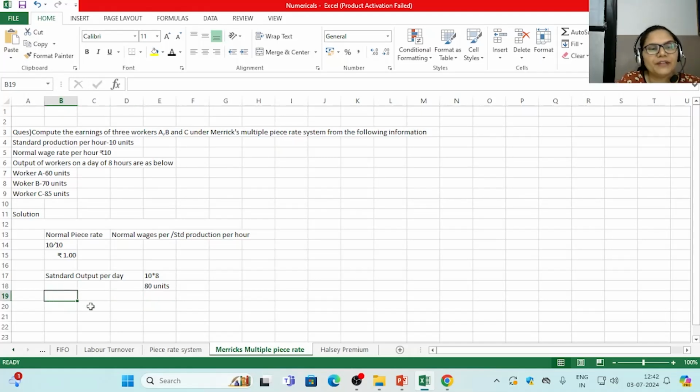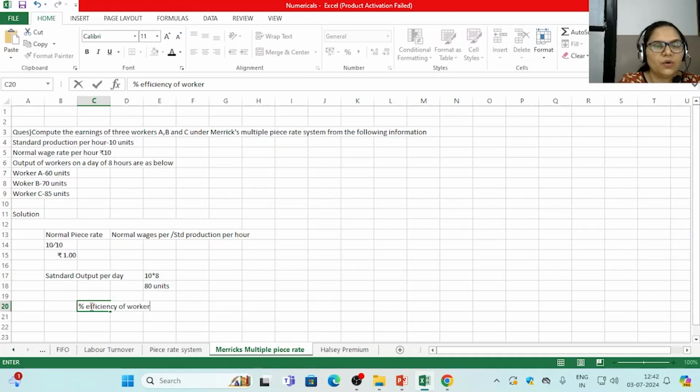Now, the percentage of efficiency of workers. The percentage of efficiency of workers is calculated by dividing actual output by standard output, into 100.